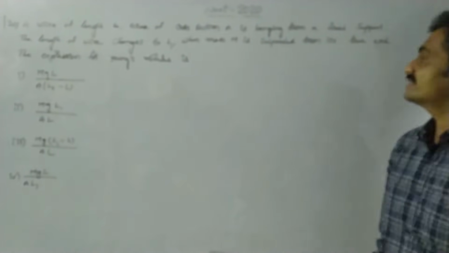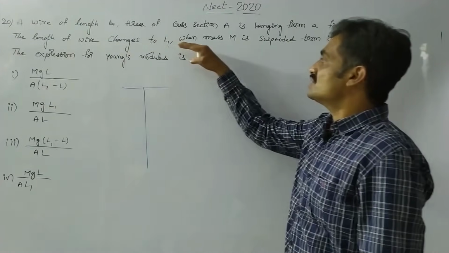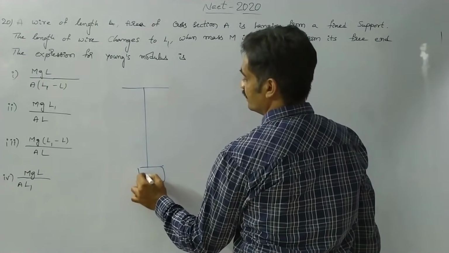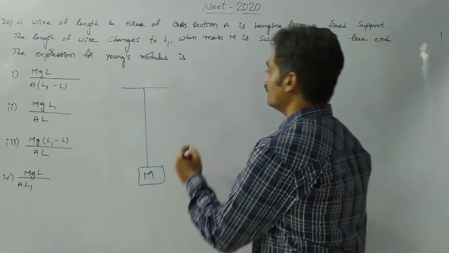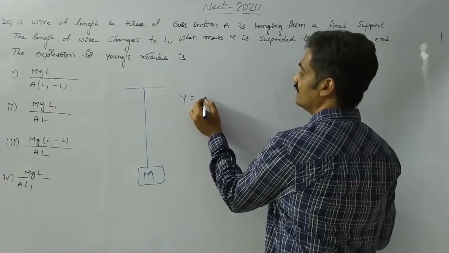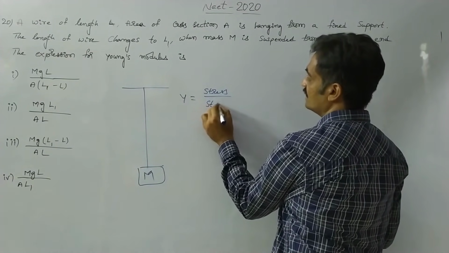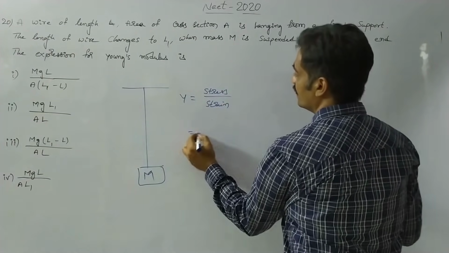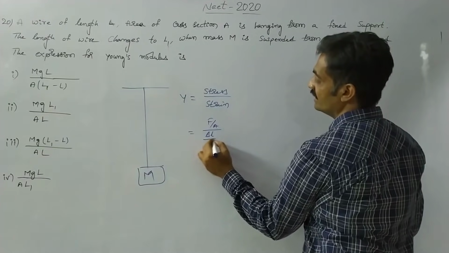We will continue. The next question is, a wire of length L, area of cross section A is hanging from a fixed support. So here a wire is being hanged from a fixed support. The length of the wire changes to L1 when mass M is hanged from its free end. The expression for Young's modulus is, now we know that Young's modulus is represented as stress by strain. Stress is nothing but force per area, and strain is change in the length by original length.